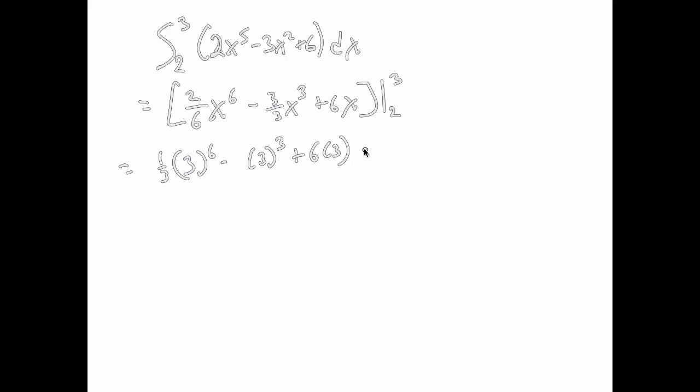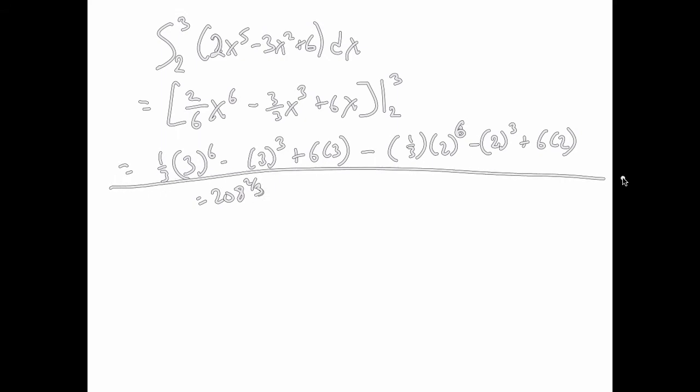Then we'll do it again, evaluated at 2. So it's 1/3 times 2 to the 6th, minus 2 to the 3rd, plus 6 times 2. And after you go through and do the whole thing out, which I did elsewhere, assuming I did my math correctly, you end up with 208 2/3, but really that's not very important. The important part is this part right here.